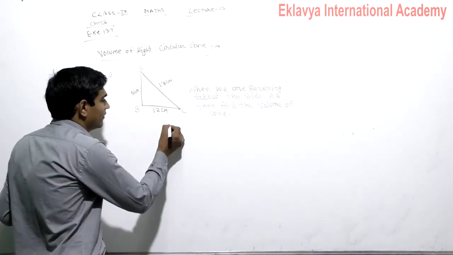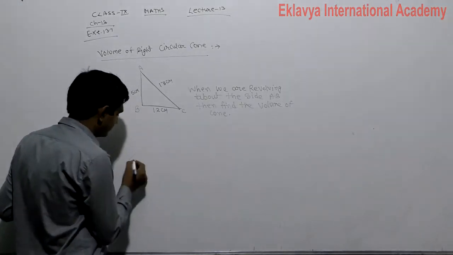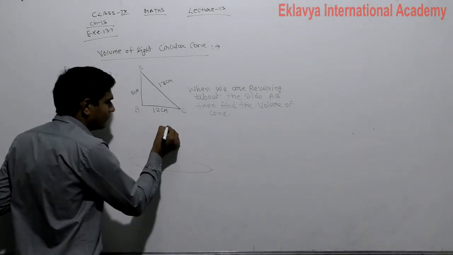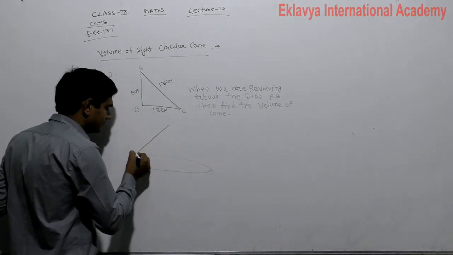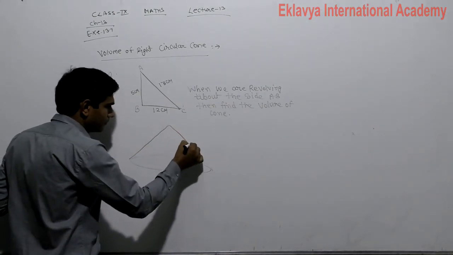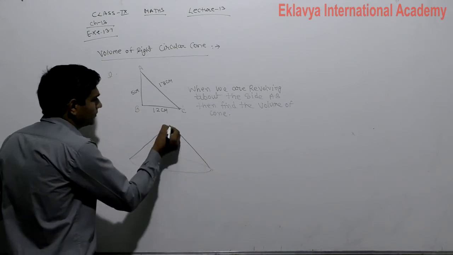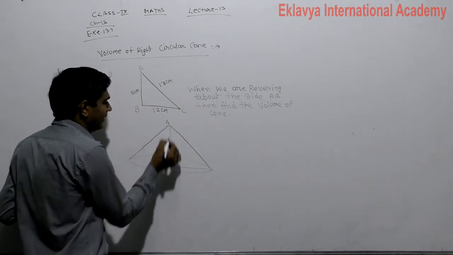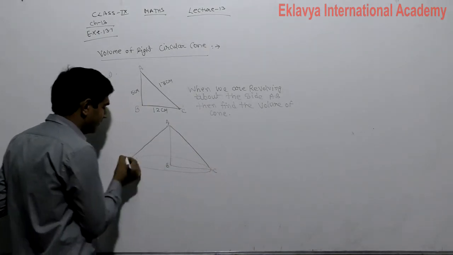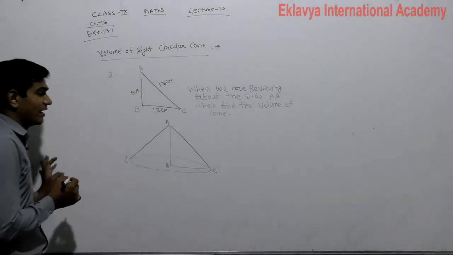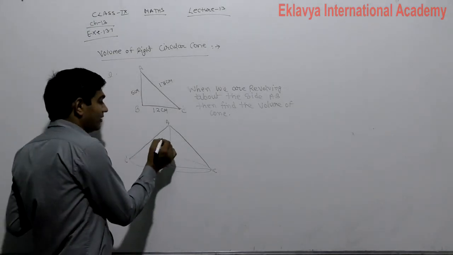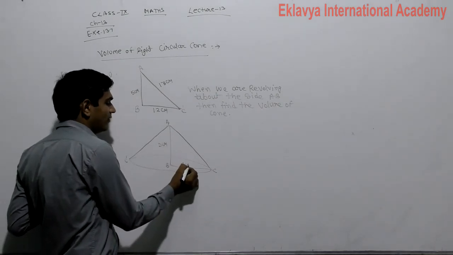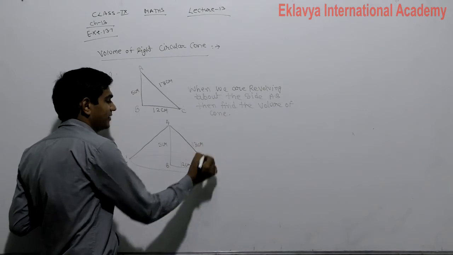So now we are forming a cone here, right angle triangle ABC and point is C dash. So we are revolving about side AB, so that revolving side is the 5 centimeter height, 12 centimeter base radius and 13 centimeter is the slant height.